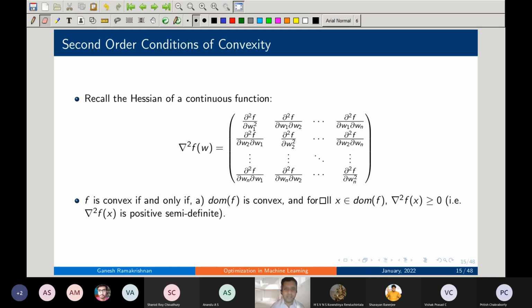So we recall the Hessian of a continuous function. We are already familiar with something in the one-dimensional case. We already used that, in fact, for talking about non-convexity of the negative of the univariate Gaussian.